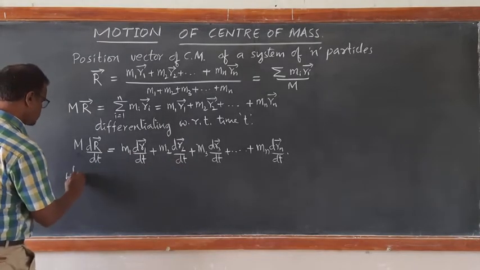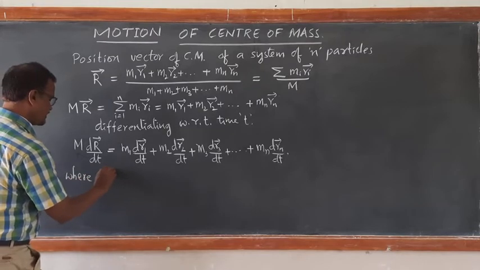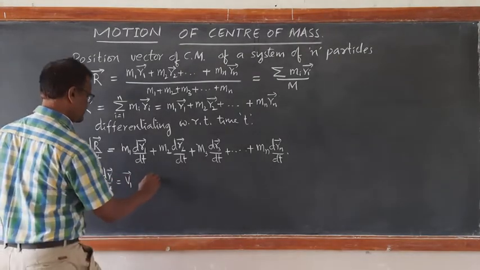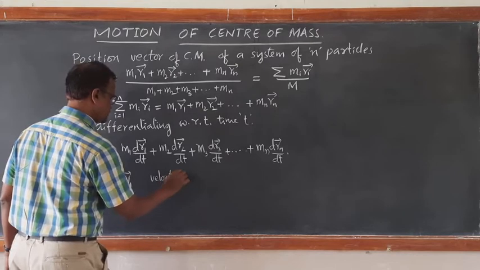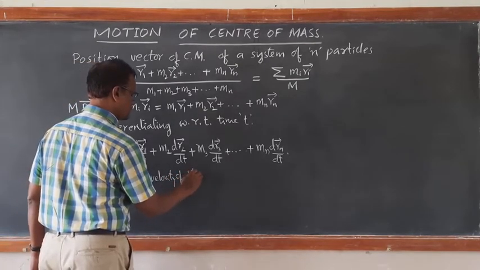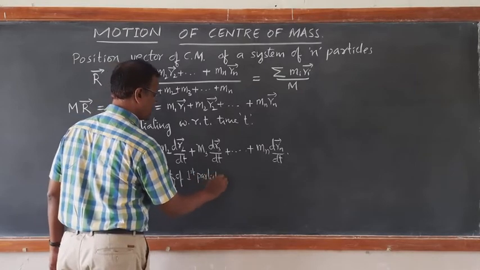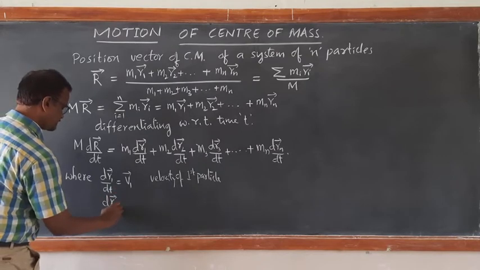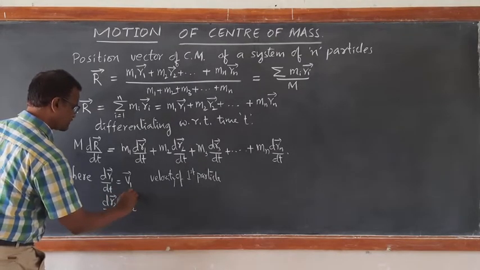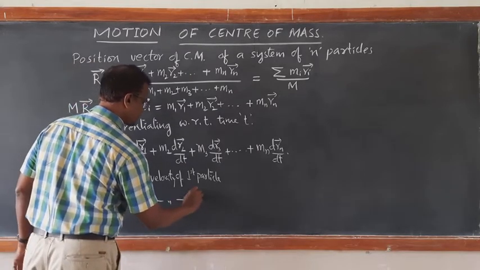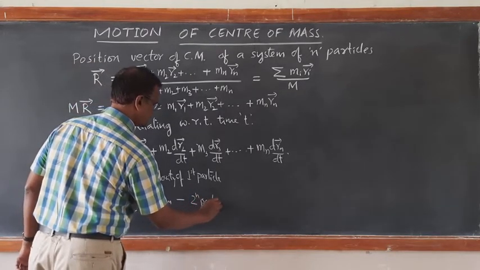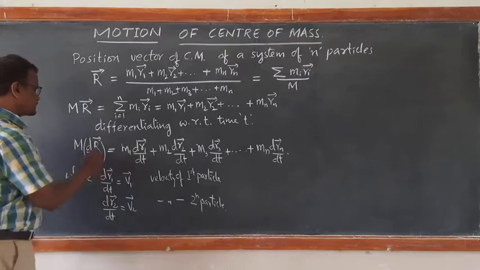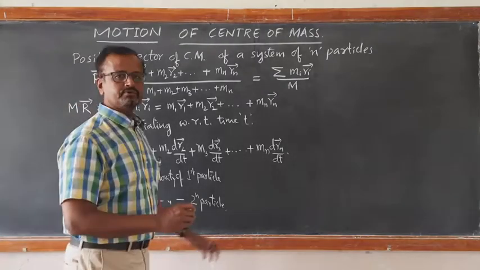So dr1 by dt is equal to v1 vector, velocity of first particle of mass m1. Similarly, dr2 by dt equal to v2 vector is the velocity of second particle. Like that, dR by dt gives us velocity of center of mass.